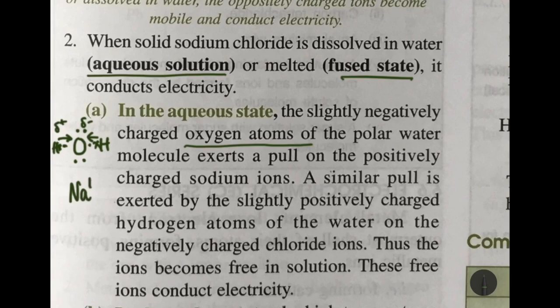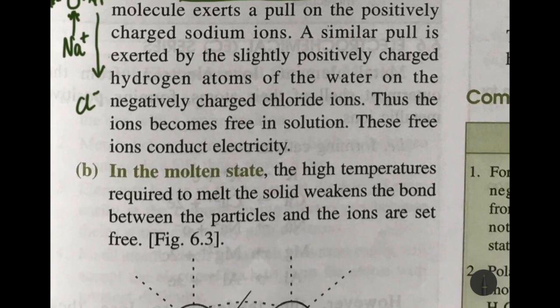So sodium ions will be pulled by oxygen, and a similar pull is exerted by the hydrogen. Hydrogen is positive, so it will pull chloride ions towards itself. So the ions become free in solution. So these free ions conduct electricity.